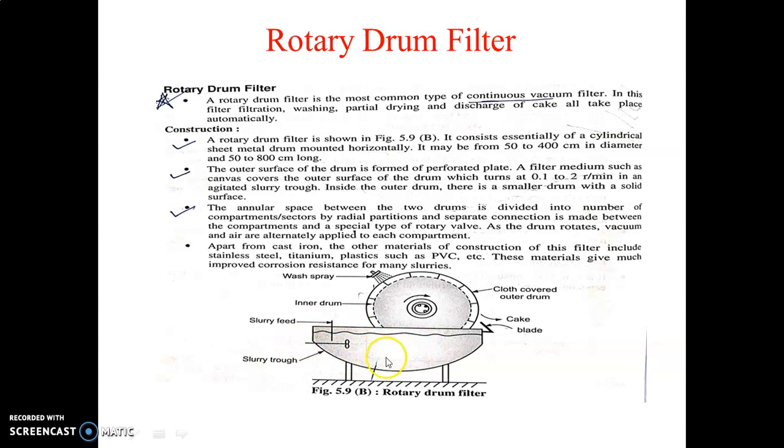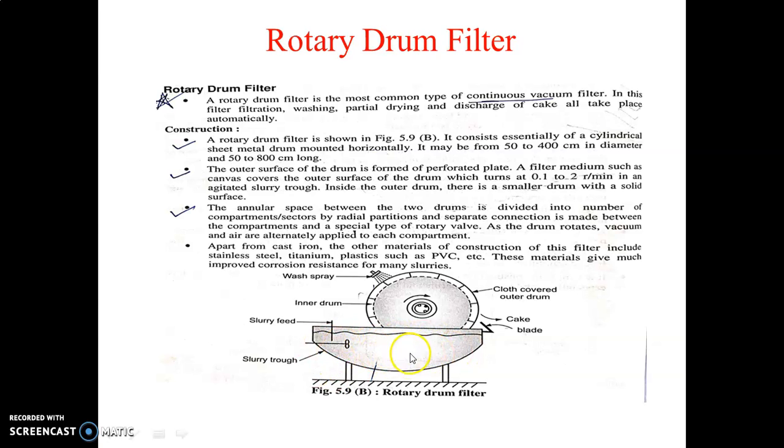Why is this agitator placed here? For mixing of the slurry. If we don't provide this agitator, the solids are deposited here and no filtration takes place. So for that purpose we have to keep the slurry in suspension.